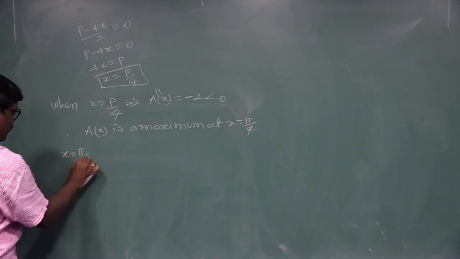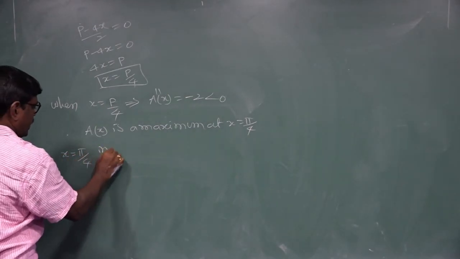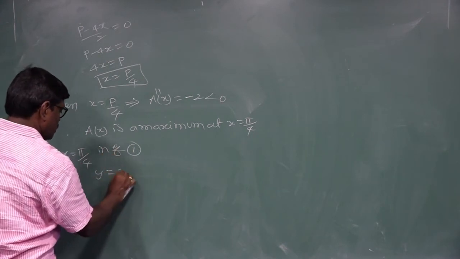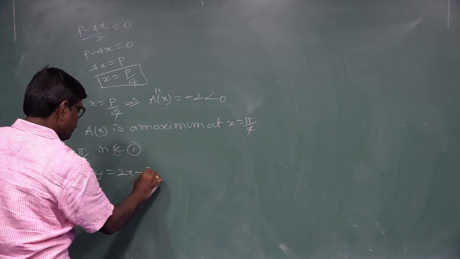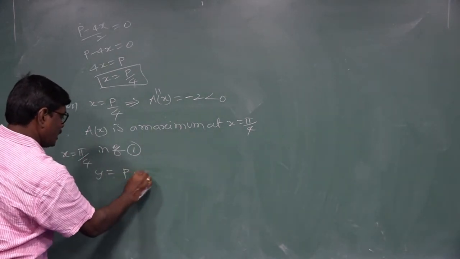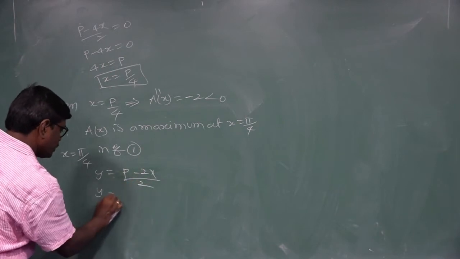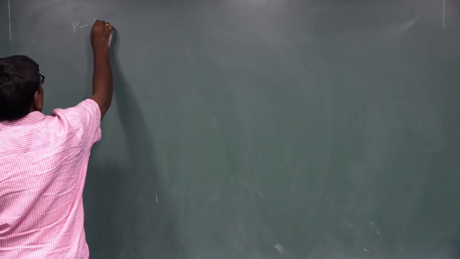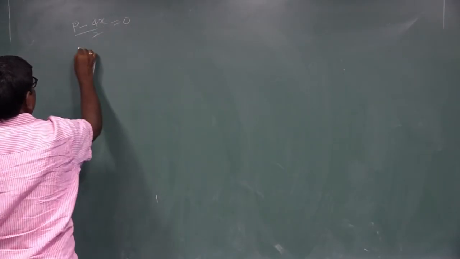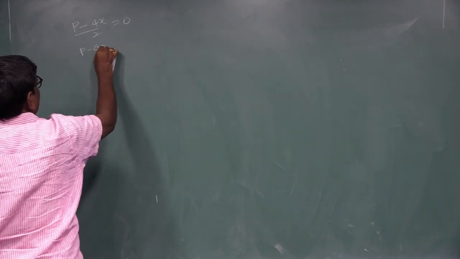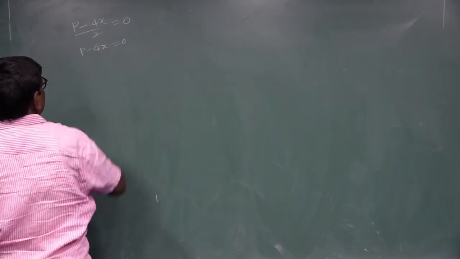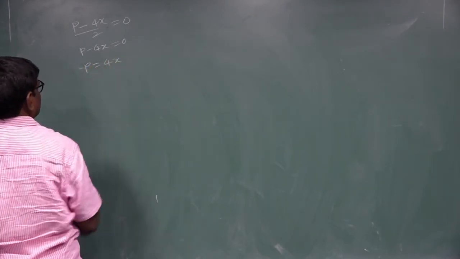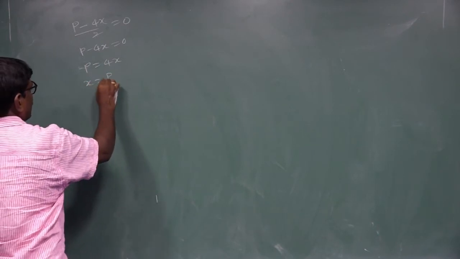Put x equal to P by 4 in equation 1. y is equal to (P minus 2x) by 2.